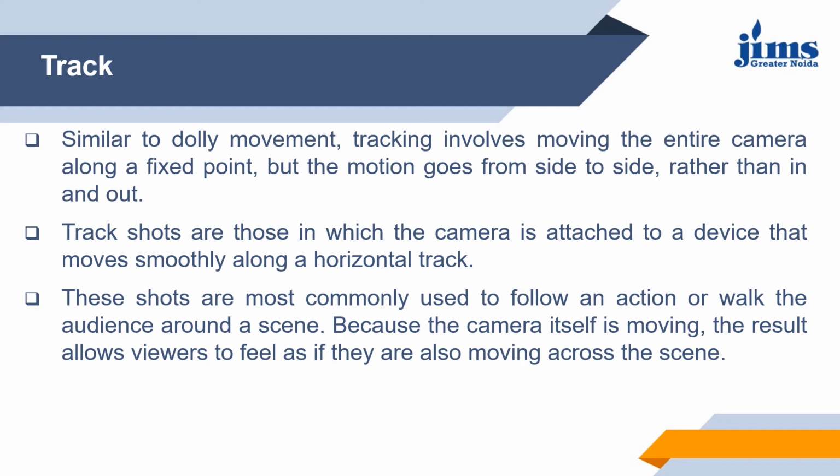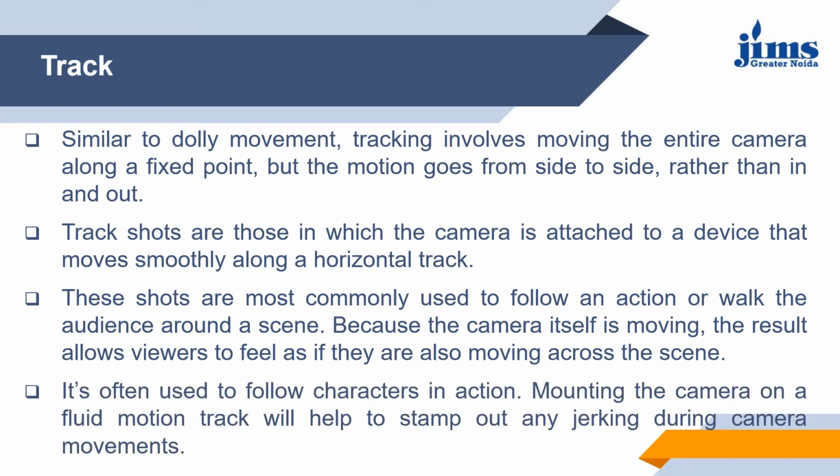Because the camera itself is moving, the result allows the viewer to feel as if they are also moving across the scene. It's often used to follow characters in action. Mounting the camera on a fluid motion track will help to stamp out any jerking during the camera movement.